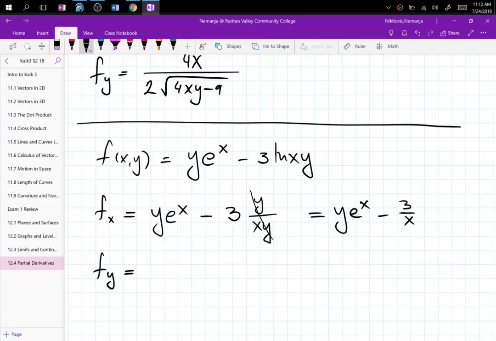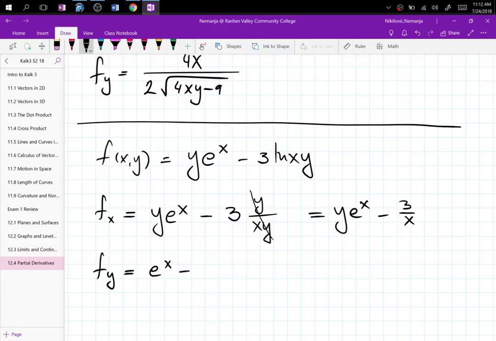Now, the partial derivative with respect to y, the derivative of y is 1, so this is just e to the x, and then minus, and now we have the same thing happening here because, again, this is symmetric, right? It was ln xy. So it looks the same if you swap. What does it mean to be symmetric? If you swap x and y, you end up with the same function, right?